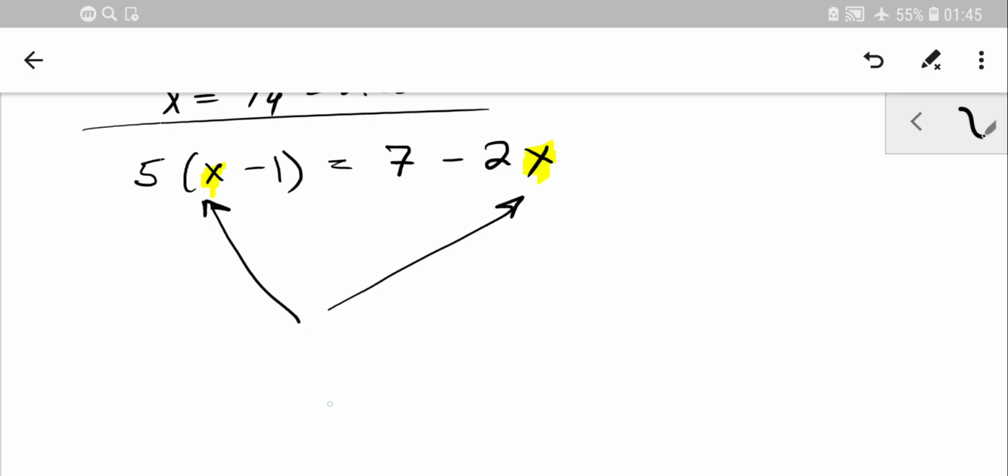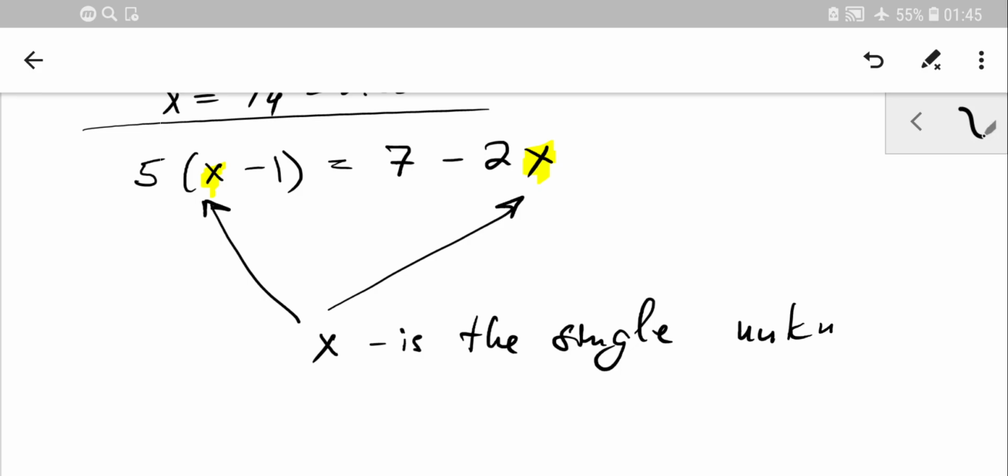So x is the single unknown, but technically you have several variables.